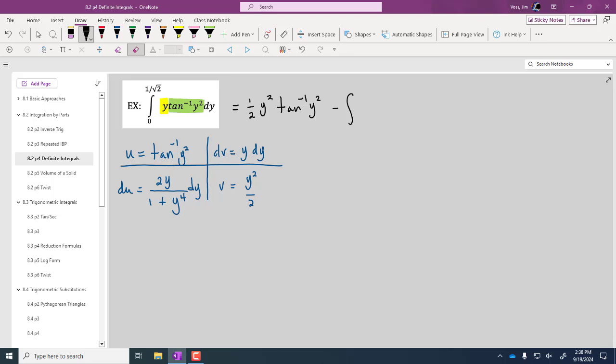Multiplying the bottom row here, do you see that these are going to cancel? There's a 2 in the top and a 2 in the bottom. Everything's multiplying. So those cancel. So we're going to end up with y cubed divided by 1 plus y to the 4th dy.